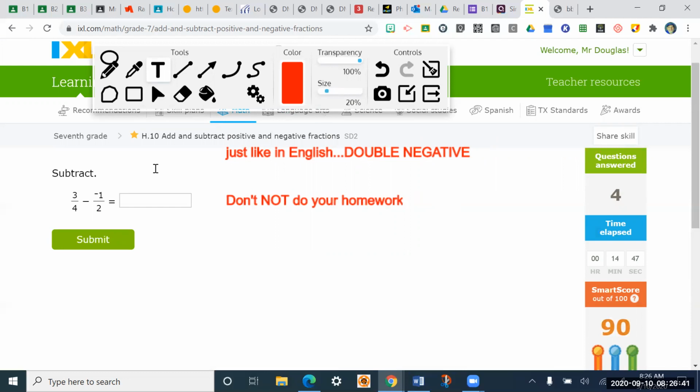Don't not do your homework. Are they wanting you to do your homework? Yeah, they're saying don't not do it. Not doing it is not good. Okay, so they're saying don't not do it. So that can be confusing.